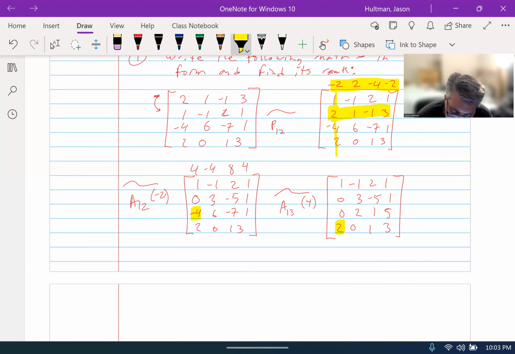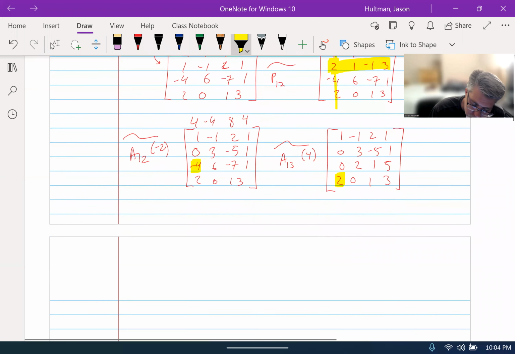Yeah, that's right. We want to get a -2 and cancel that with a +2. So we're going to multiply the first row through by -2, add that to the fourth row, and it's going to give me my desired 0 in that fourth row, first column position.